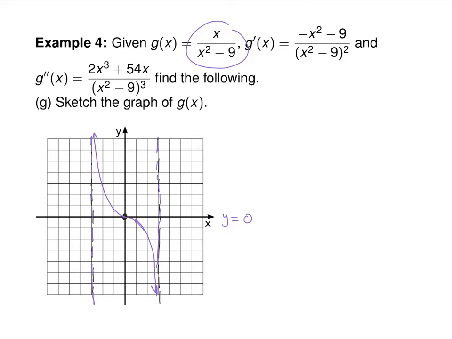Okay. Now how about to the left of negative 3? Like plugging in x equals negative 4. G of negative 4 is negative 4 over 4 squared, which is 16 minus 9, which is 7 cubed, right? So you're below the axis, and also you're always decreasing, aren't you?